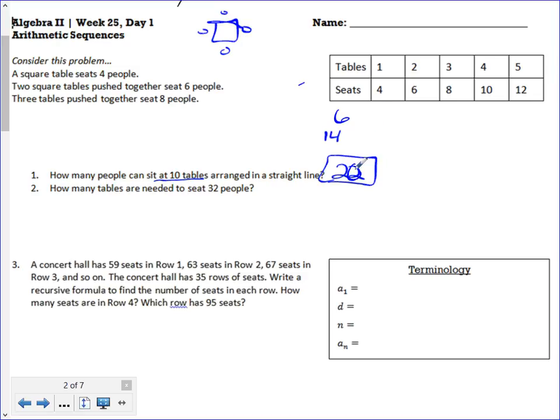Oh, you said 20? My bad. Okay, 20. So for 7, you said what? 16. 8. So she sees a pattern here that every time it's doing what? It's increasing by 2. Okay, I like that pattern. So 9 would be 20.